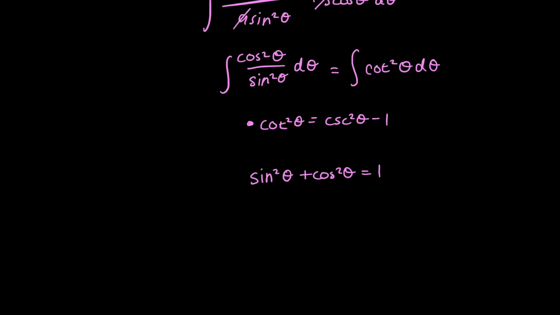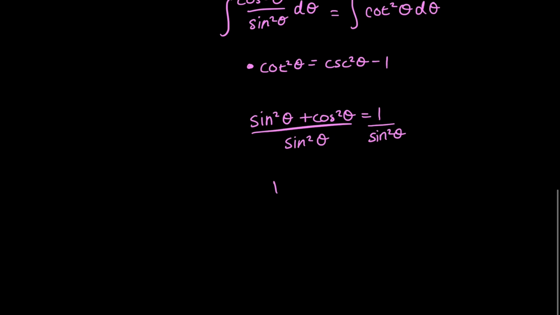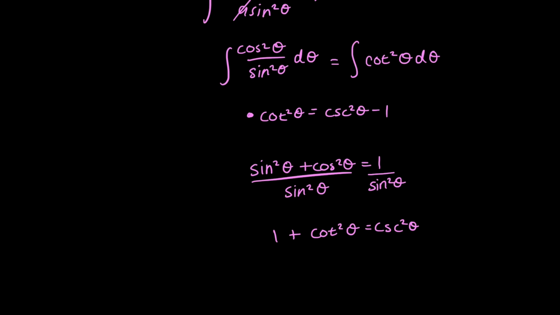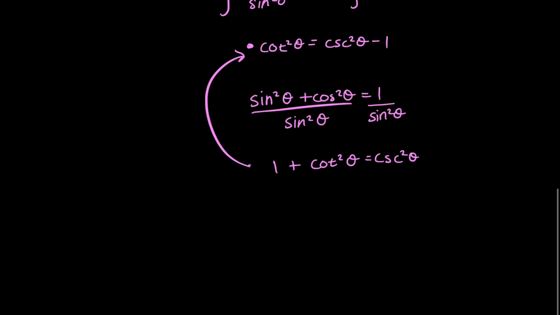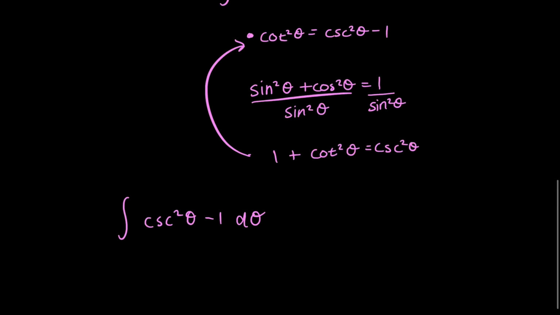If I divide the whole thing by sine squared theta, on both sides of course, I get that 1 plus cotangent squared theta is equal to cosecant squared theta. And that's how I get this definition. And so my integral now becomes the integral of cosecant squared theta minus 1 d theta.